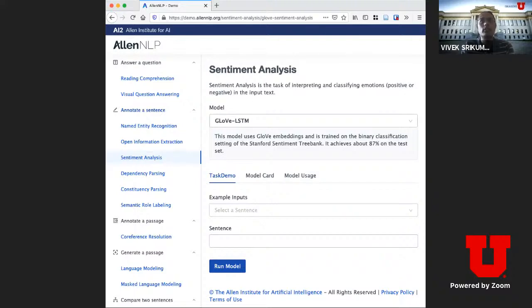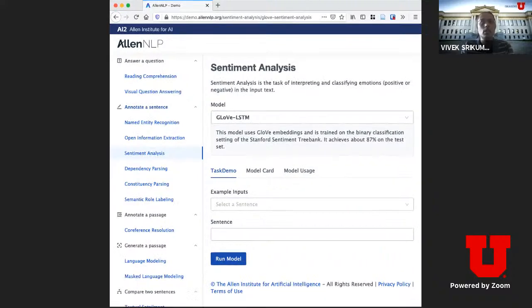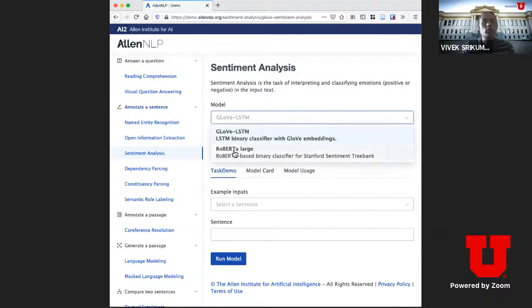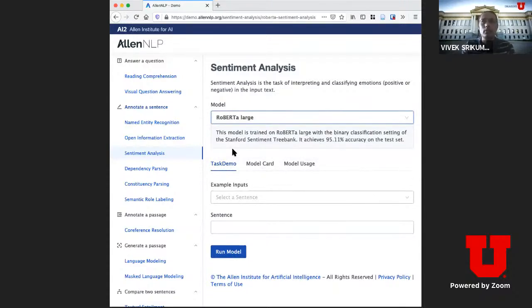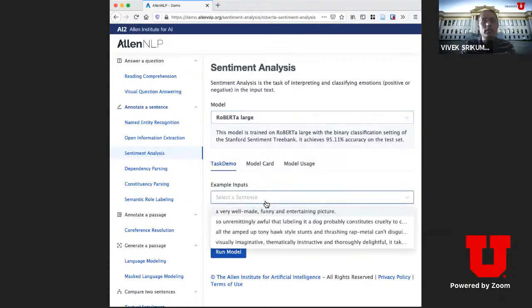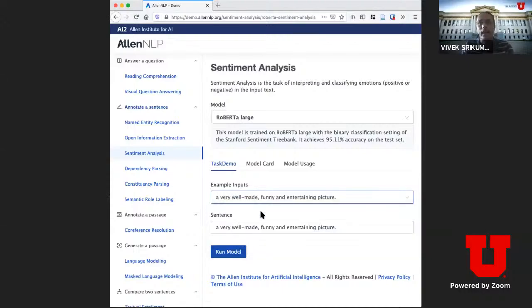The first one is this task of sentiment analysis, where we have to decide whether an input text is positive or negative. So let's see, I'm going to use this model called Roberta. It's just a state-of-the-art system today. And let's first start off with some canned examples.